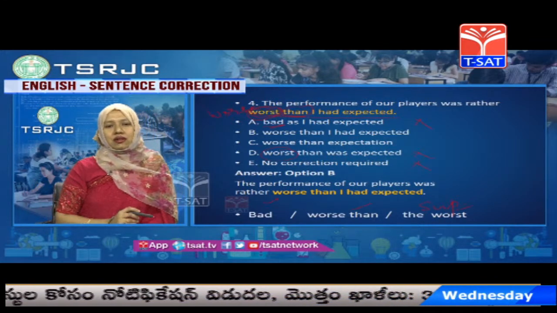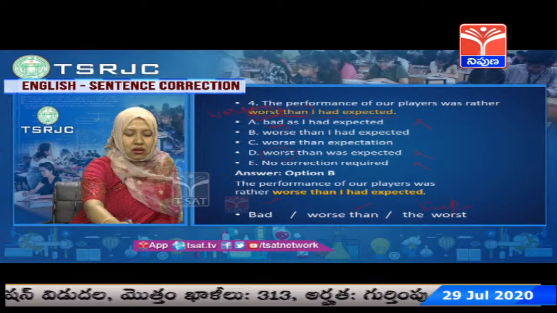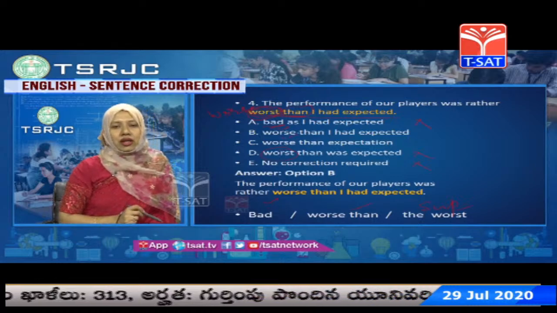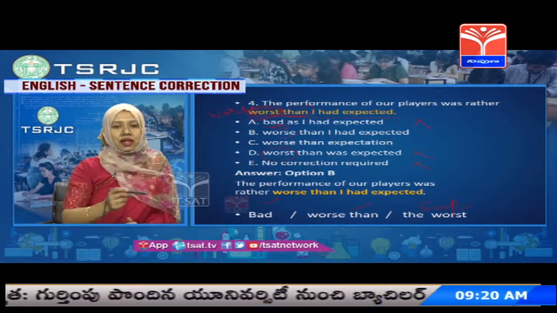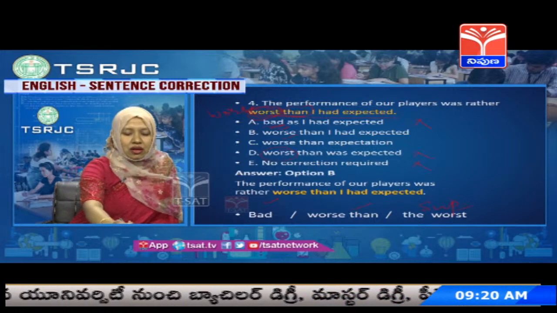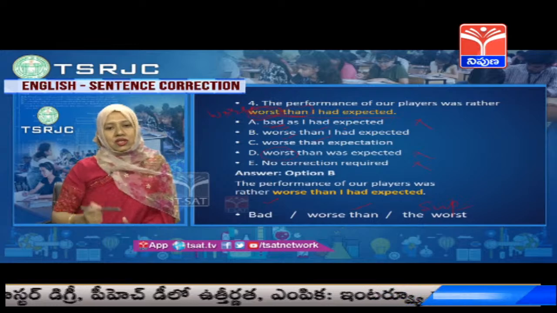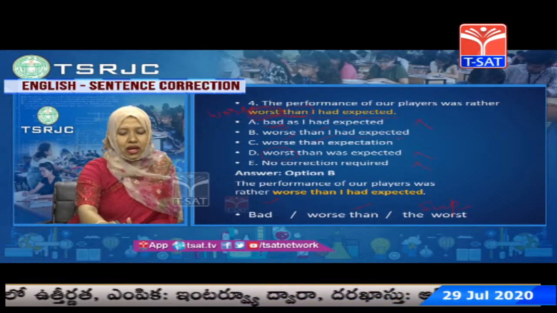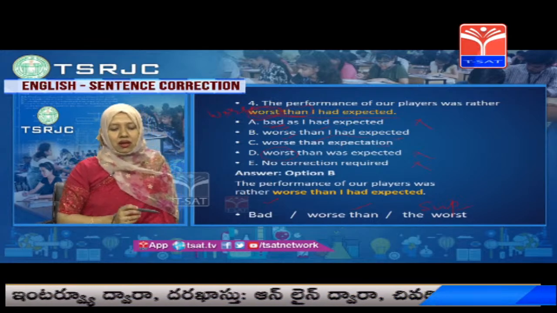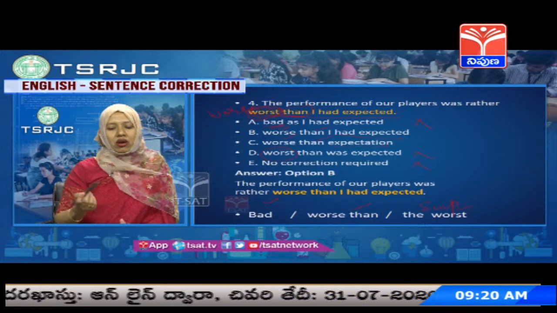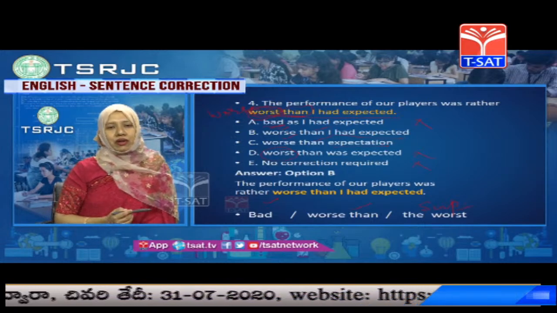Now, let us see, we use this degree of comparison, worse. In both the sentences, worse is there. Comparative degree is always followed by than. Now, which is to be selected? Option B or option C? Worse than expectation or worse than I had expected.